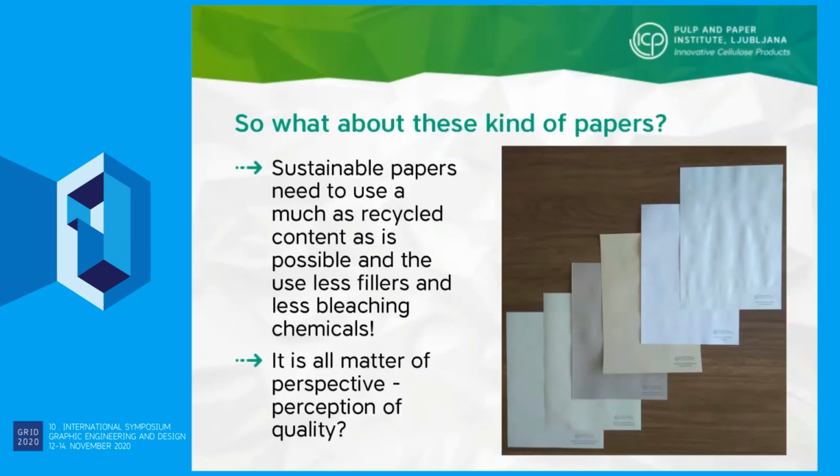With bleaching, you destroy these double bonds, and then you have a whiter paper, bigger reflection, and things like that. But many people don't wear white clothes, except for example medical people. So this whiteness as a chosen way of quality paper is maybe something we can discuss, if we have sustainability in mind, of course.